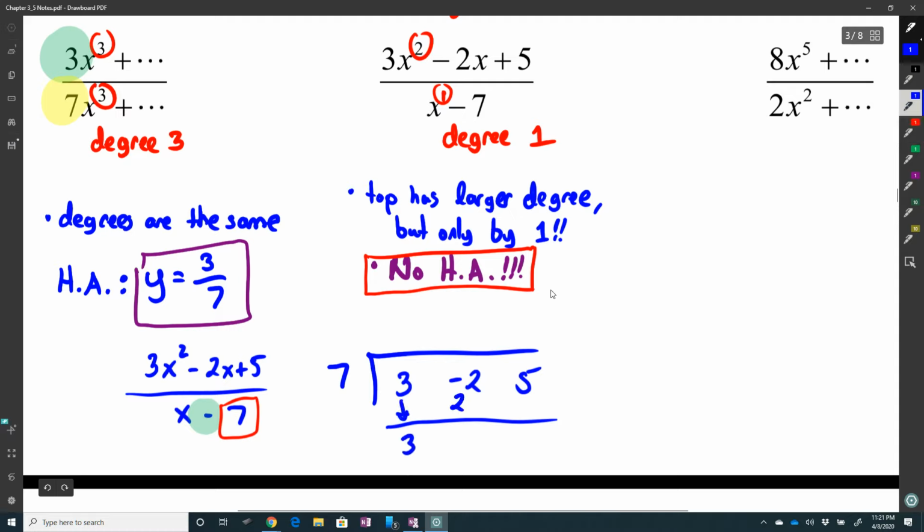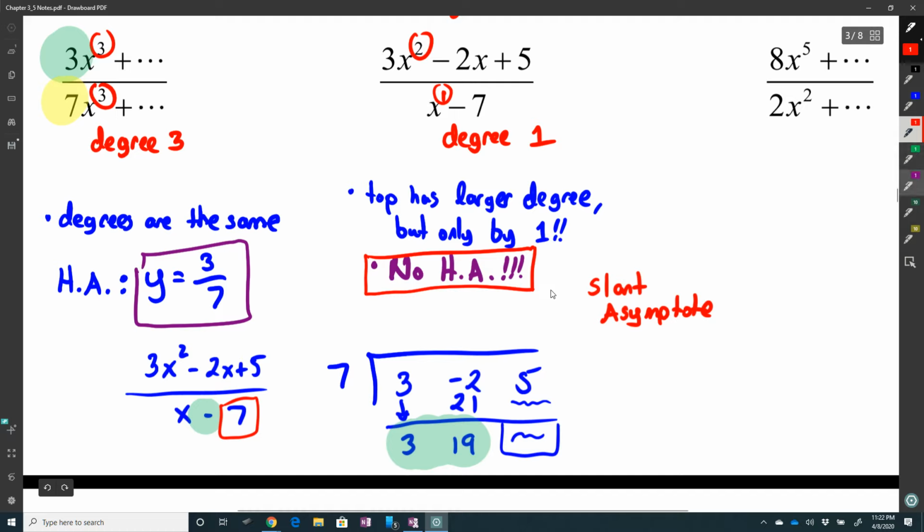7 times 3 is 21. Negative 2 plus 21 is 19. And that's some huge number. I don't really care what these are. But what I do care about is that we have what's called a slant asymptote. And the slant asymptote is the quotient.